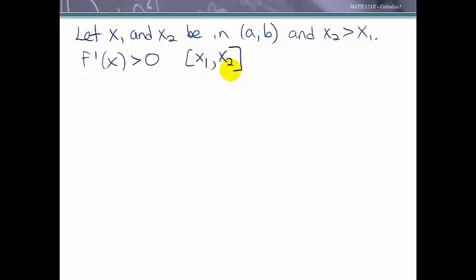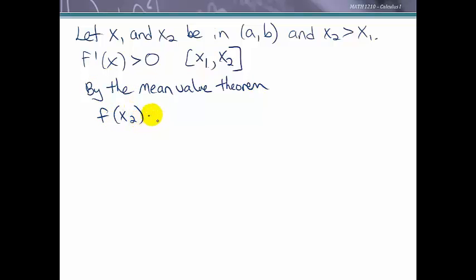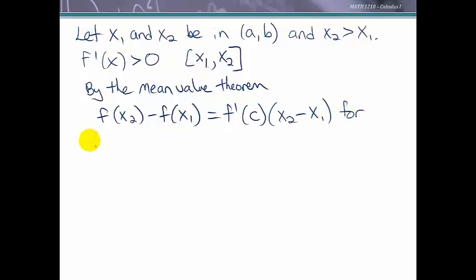Therefore, we just met the conditions for the mean value theorem, so the mean value theorem applies. So by the mean value theorem, we know that f of x2 minus f of x1 equals the derivative at c times x2 minus x1 for c in that interval.